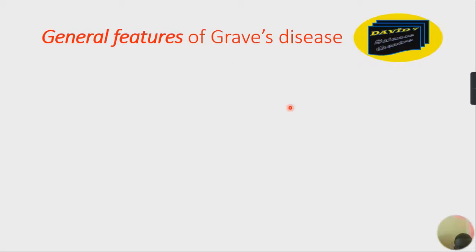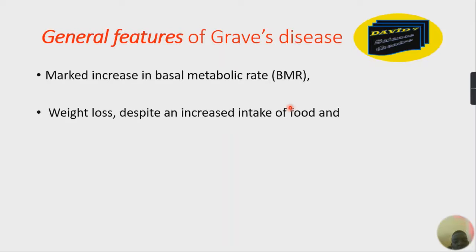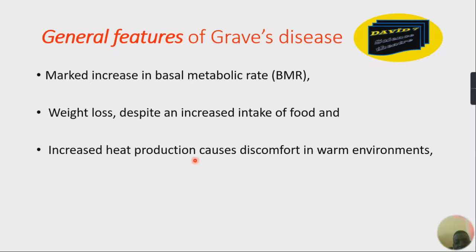General features of Graves' disease. It has several features, but generally you'll find that there is a marked increase in basal metabolic rate because the thyroid hormones are regulating BMR. When they are high, it is high. Weight loss, despite an increased intake of food, and increased heat production, which causes discomfort in warm environments, due to high levels of thyroid hormones.